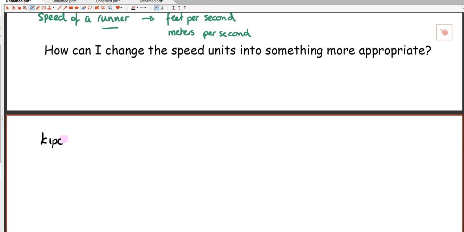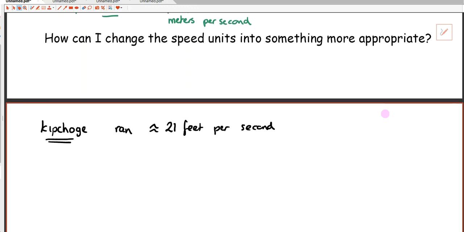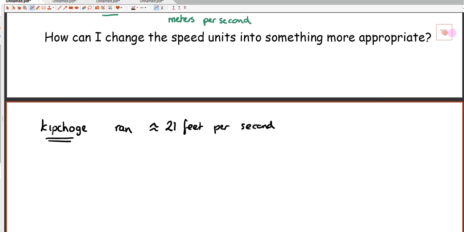This guy, if you did your research, Kipchoge, he ran approximately 21 feet per second. Now I want to change his unit. Now, Alistair gave me an answer in miles per hour.